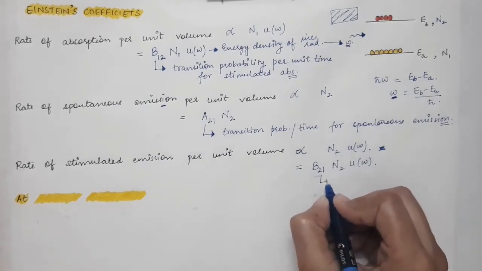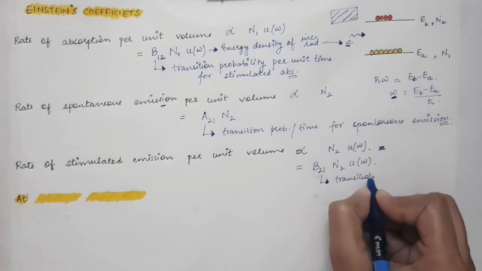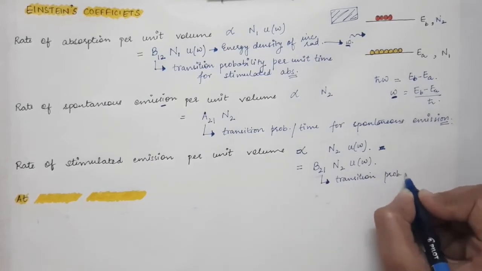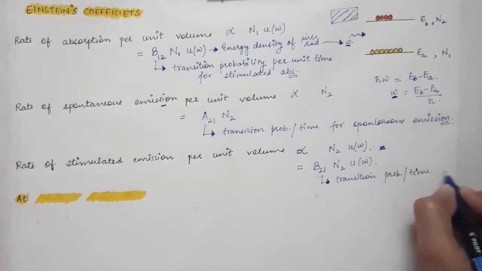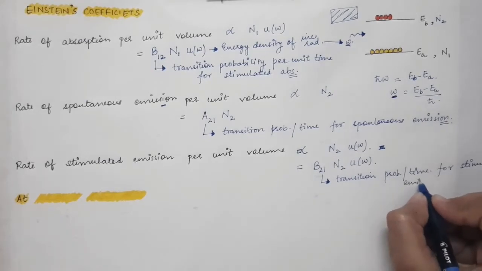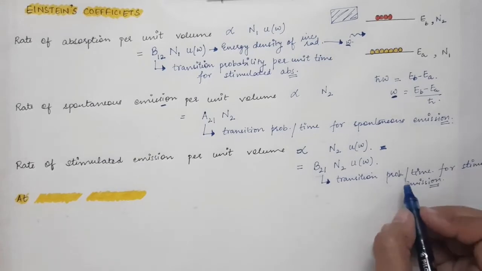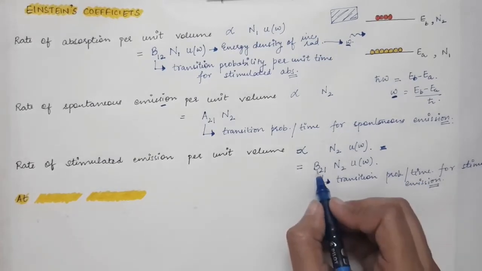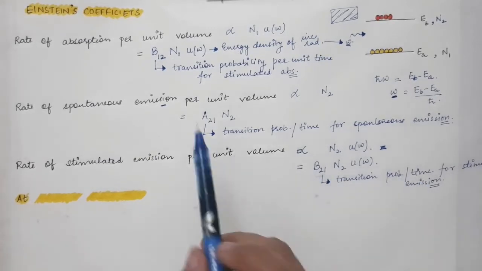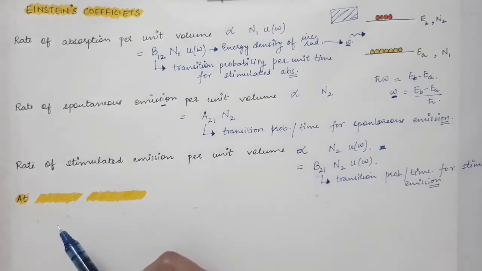This B21 gives us the transition probability per unit time for stimulated emission. For stimulated emission to occur, what is the probability per unit time? That is represented by B21. So these are the three rates of transitions that can occur inside the gain medium.